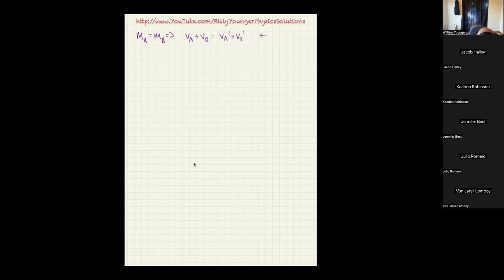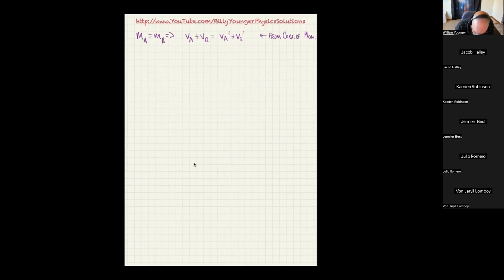This comes from conservation of momentum. Okay, because it was originally MAVA plus MBVB equals MAVA prime plus MBVB prime. We just canceled out the masses and we're good to go.